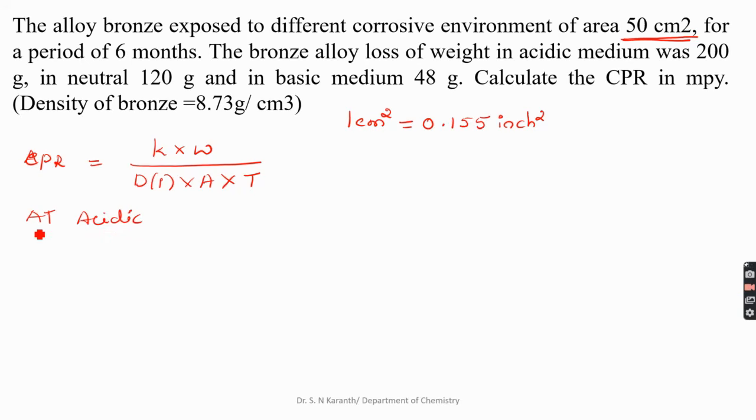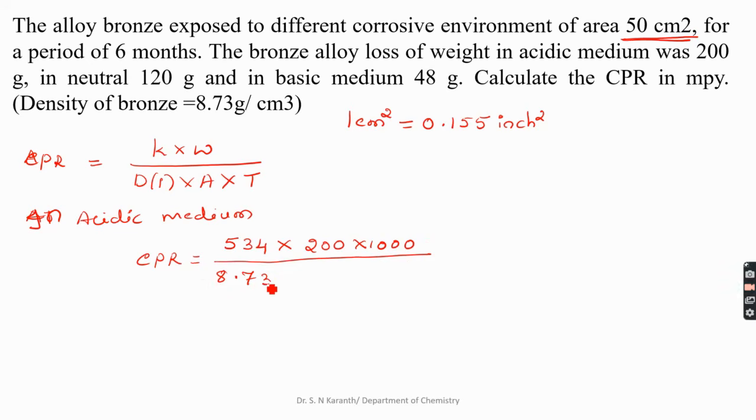In acidic medium, CPR becomes equal to K, in Mpy it is 534, into W, they gave 200 gram at acidic medium, multiplied by 1000. So it becomes milligram. Then density is 8.73 into the area taken, it is 50 centimeter square.